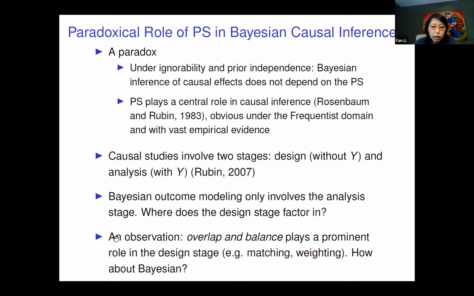That is a very interesting and important observation. The concept of overlap or balance plays a prominent role in the design stage in the frequentist domain. So how about Bayesian? Where do those concepts go in Bayesian causal inference?